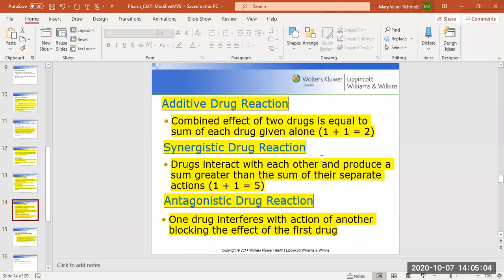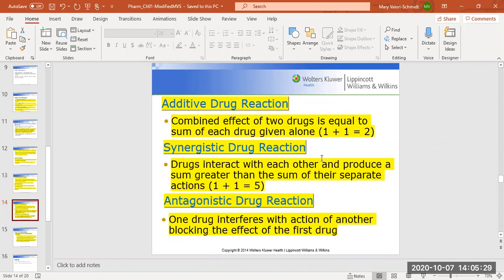And then we have antagonistic drug reactions. Drugs are either agonists or antagonists. Just remember, an antagonist, you're antagonizing me. You're stopping me from doing what I want to do. Stop it. An antagonistic reaction is when one drug blocks the effect of another.